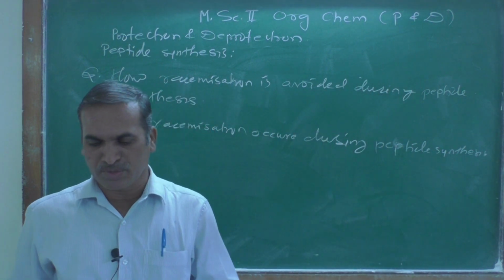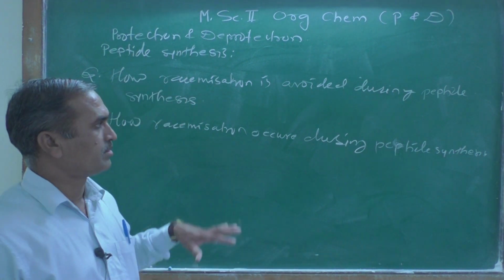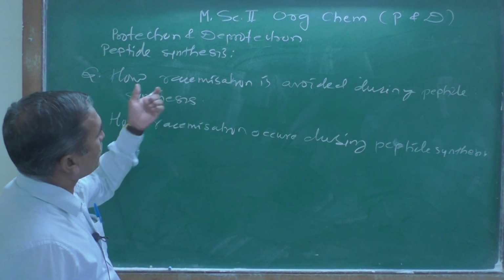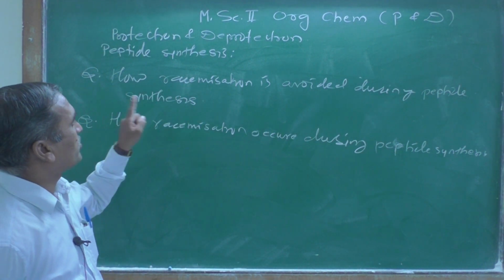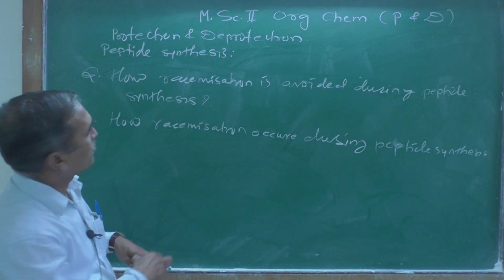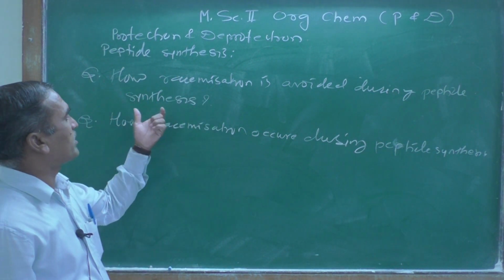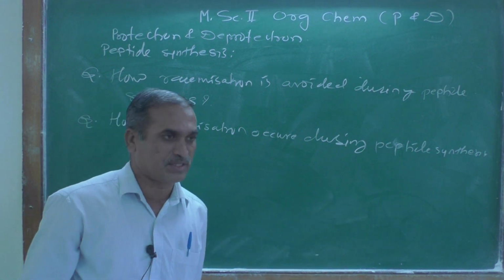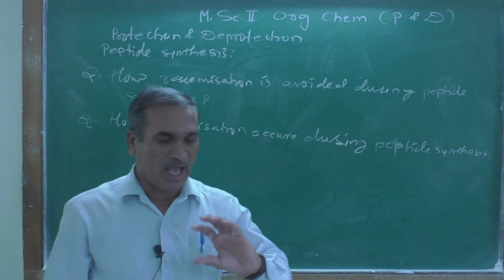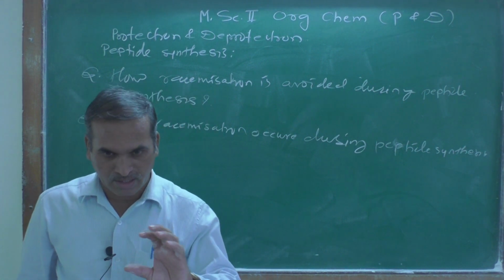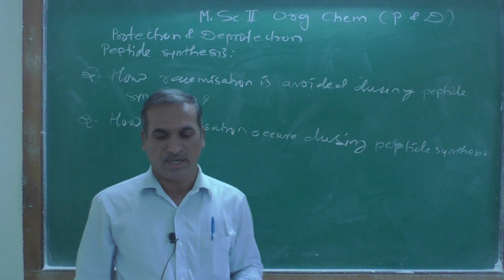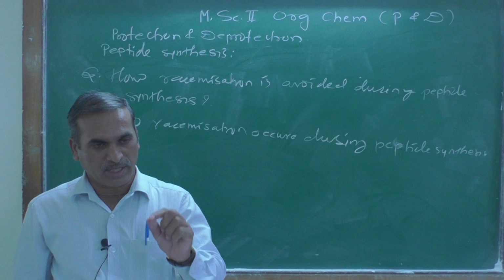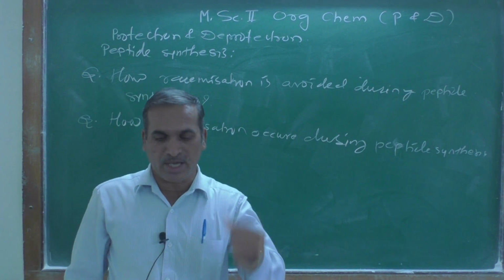As we know, there are different protecting groups. So how is racemization avoided, or how does racemization occur during peptide synthesis? If you activate the carboxylic group and protect the amino group, then you will get the desired product.